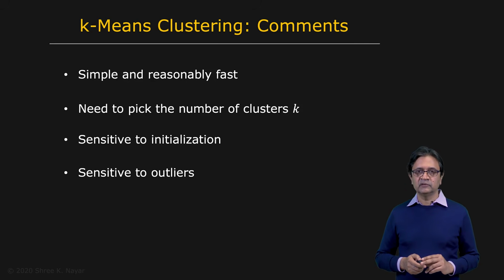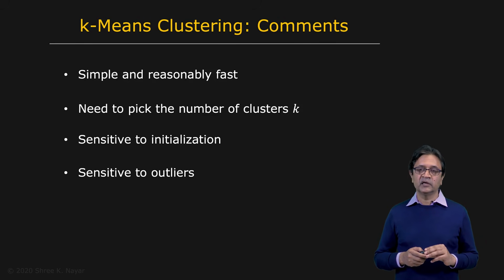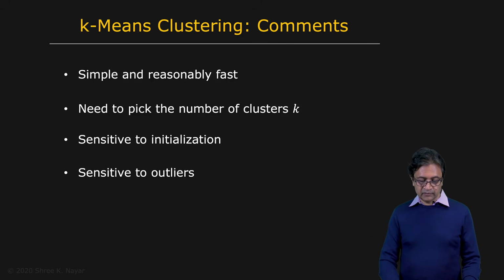It's a very simple, very fast algorithm, and the only sort of caveat here is that one needs to pick the initial number of clusters. So depending on your application, you have to specify k, and it is certainly sensitive to the initial means that you end up picking, the random selection of means.